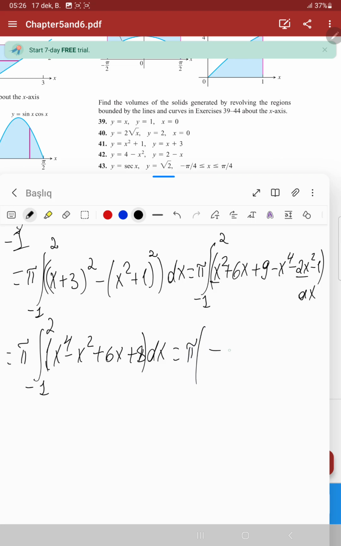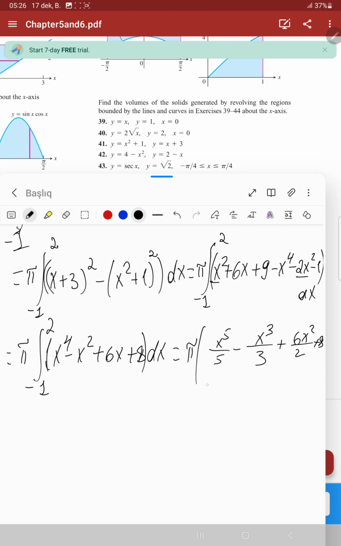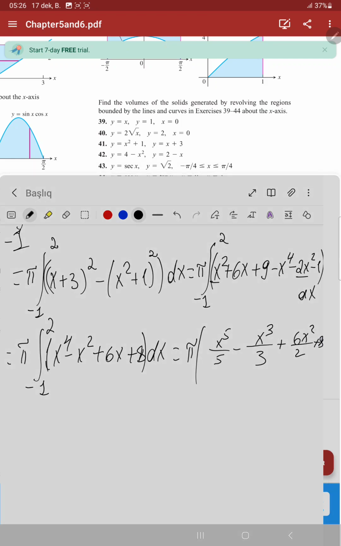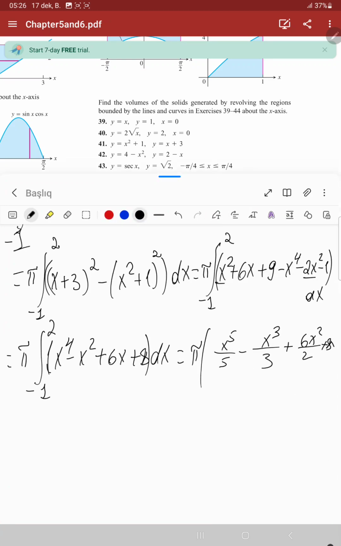Pi times x to the power of 5 over 5 minus x to the power of 3 over 3 plus 6x squared over 2 plus 6x plus this, from -1 to 2.